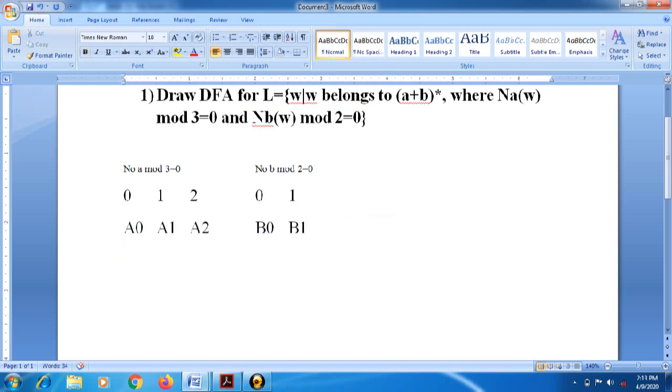Means we have to do one task, that is 3 into 2. So total states are 6. So we have to make its combinations. So combinations are A0 B0, next one is A0 B1.